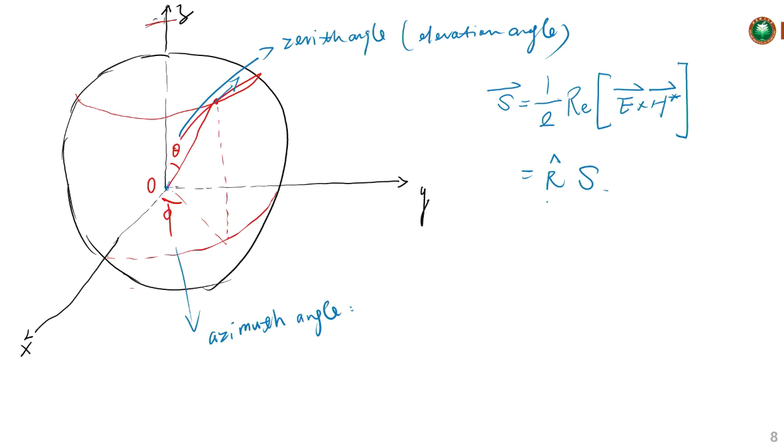The Poynting vector is along the radial direction, which means the power density depends on the distance and on the elevation angle, or zenith angle. So how do we express it?